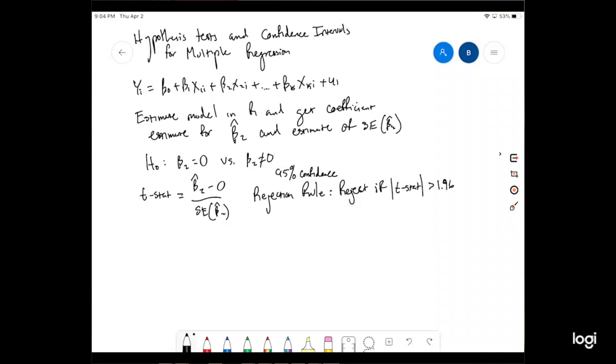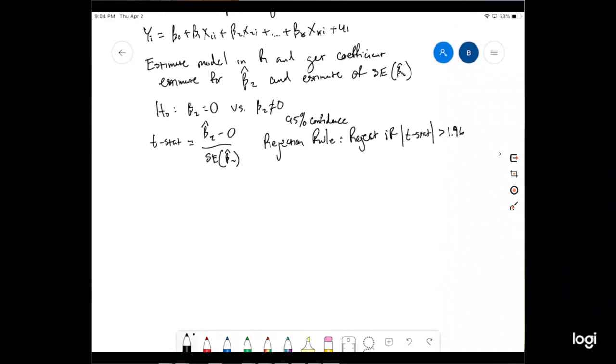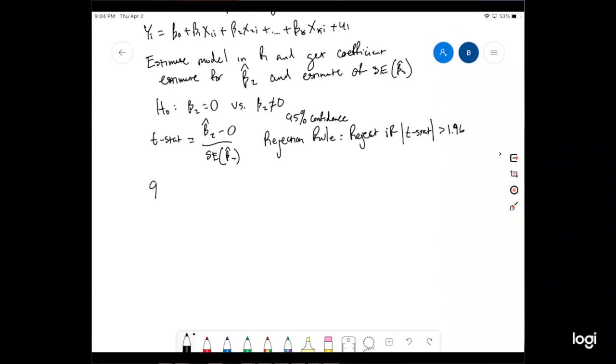That's great. The confidence interval is not changed either. The 95% confidence interval is beta hat 2 plus or minus 1.96 times the standard error of beta hat 2.